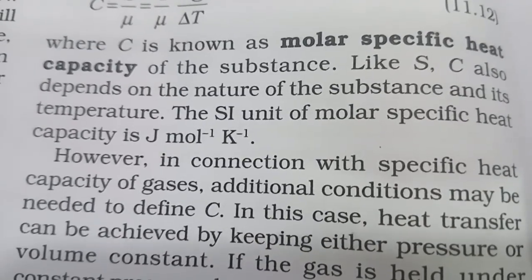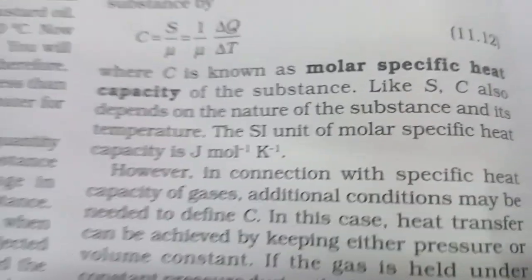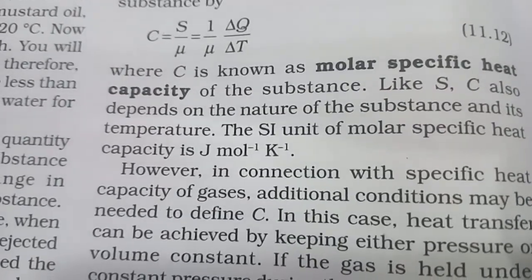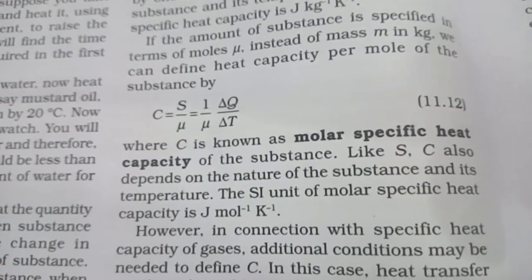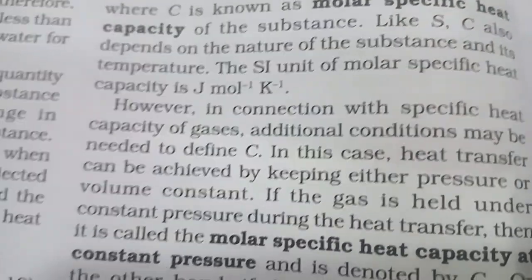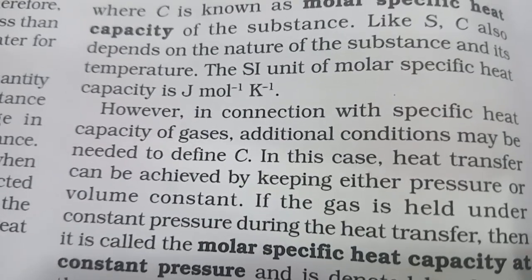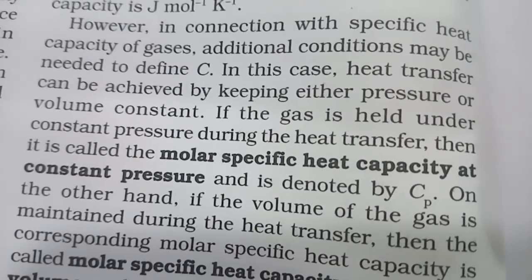Like S, C also depends on the nature of the substance and its temperature. जब आपने क्वांटिटी मोल में ले ली, पहले आपने केजी में लिया था ना, अब आप मोल में लोगे तो उसको मोलर स्पेसिफिक हीट बोलते हैं। The SI unit of molar specific heat capacity is joule per mole per Kelvin.